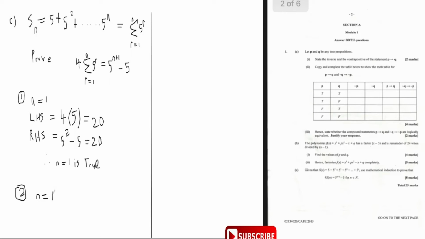When n is equal to k, what we're getting is 4 times the sum from r equal 1 to k, because n is now k, of 5 to the r, and that is going to be equal to 5 to the k plus 1 minus 5.